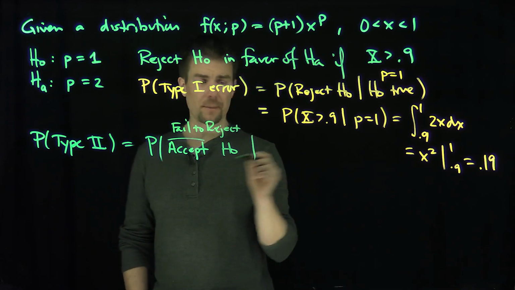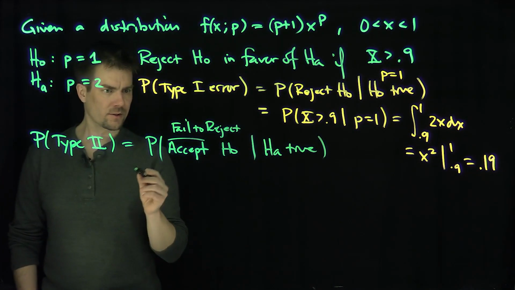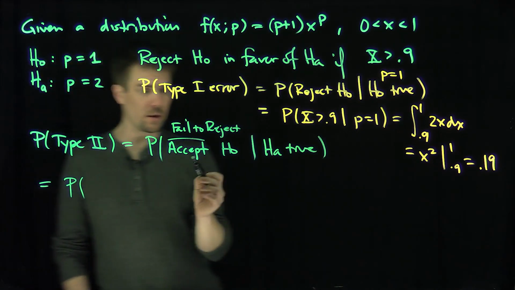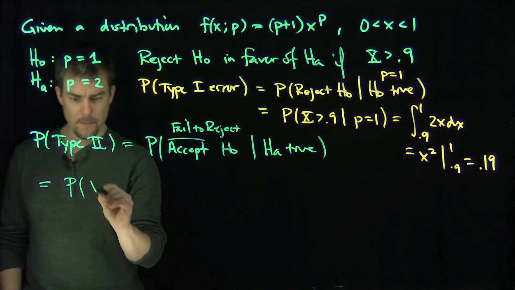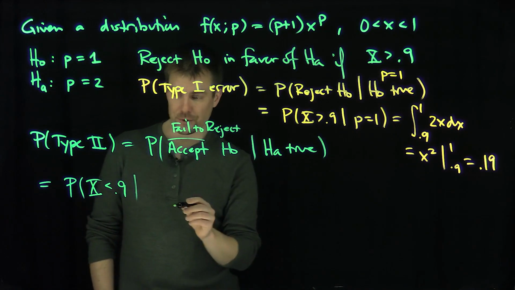Well, if H0 is false, that means that H alternative is true. Okay? And so what is this over here? This is going to be the probability that x is less than 0.9, given that p is equal to 2.